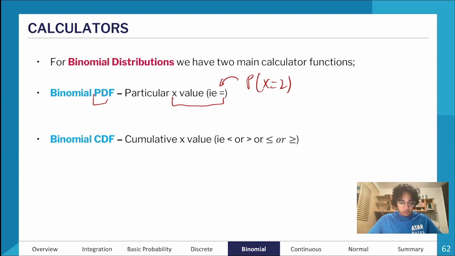Binomial CDF, cumulative density function, as it says, is cumulative. It sums up multiple terms. So it'll generally do things that are like greater than or less than, or greater than and equal to, or less than and equal to. And you don't really have to worry about converting things like x is less than 1 to the probability of x is equal to 0.